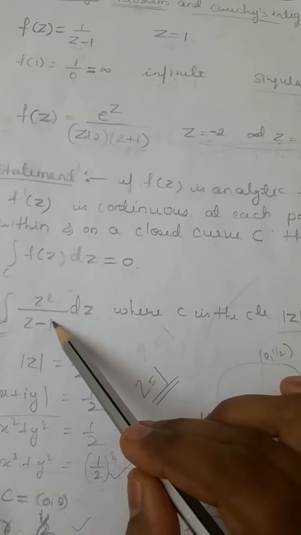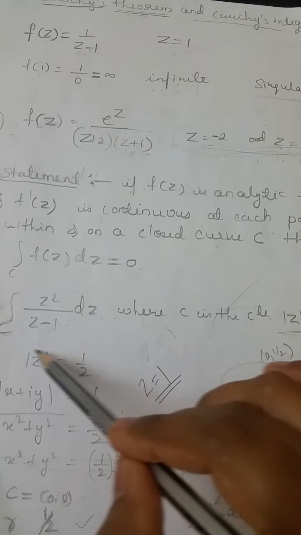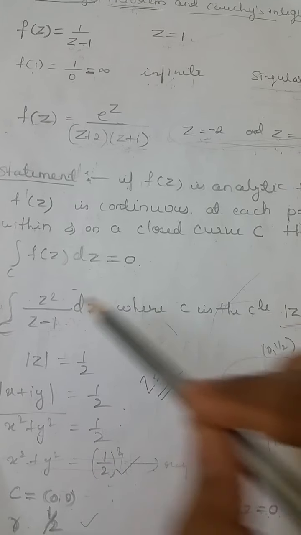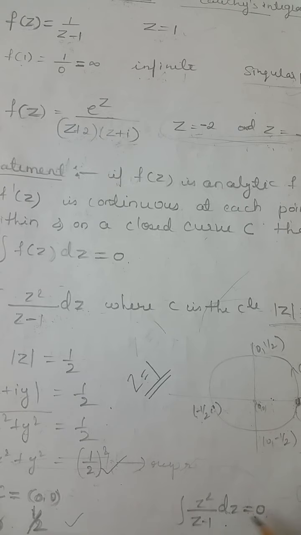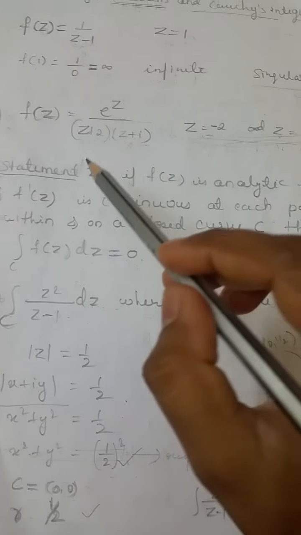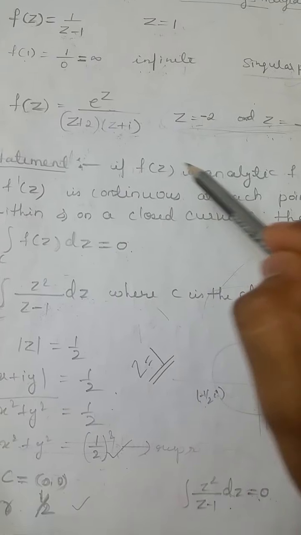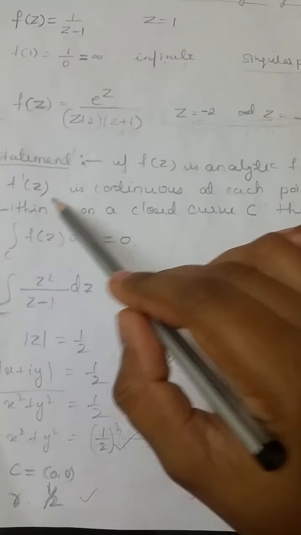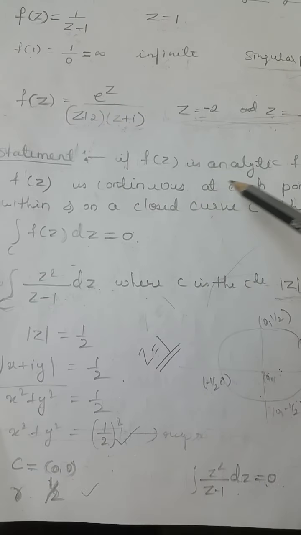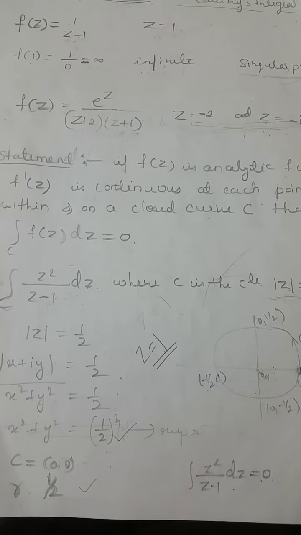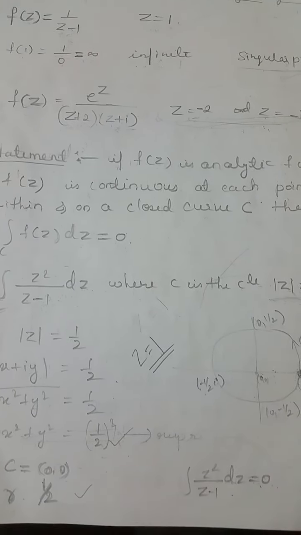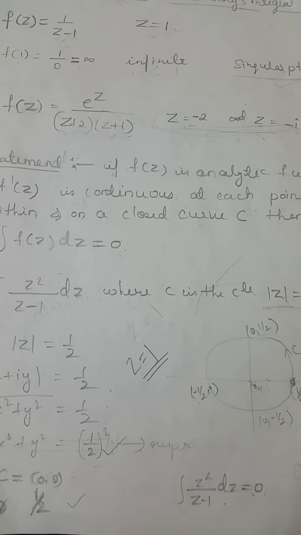Then the function is analytic. So if the function is analytic within and on a closed curve, then the value of the integral is equal to 0 according to Cauchy's theorem. If f(z) is an analytic function, then f'(z) is continuous at each point within and on a closed curve C, and then the value of the integral is equal to 0.